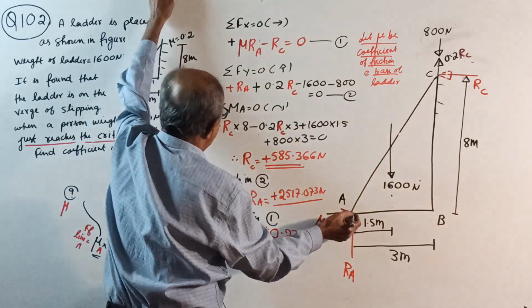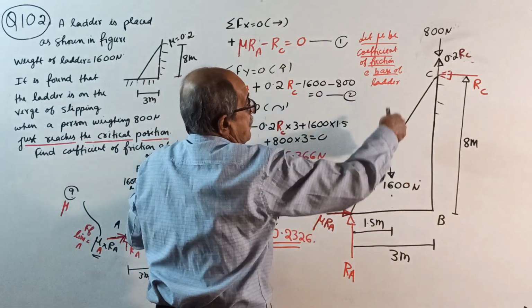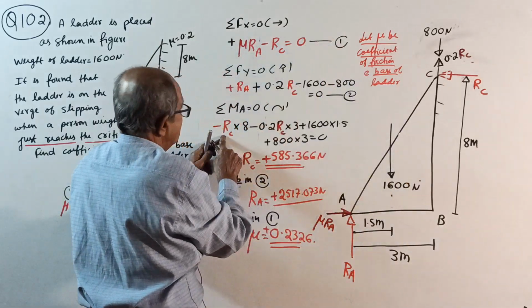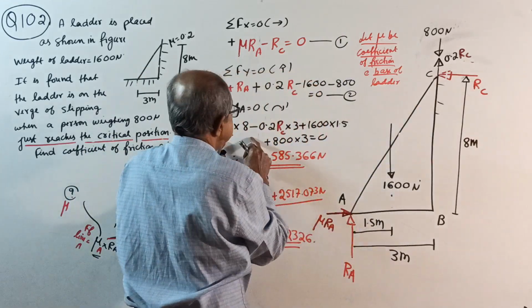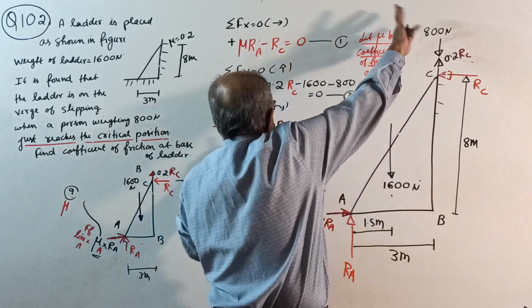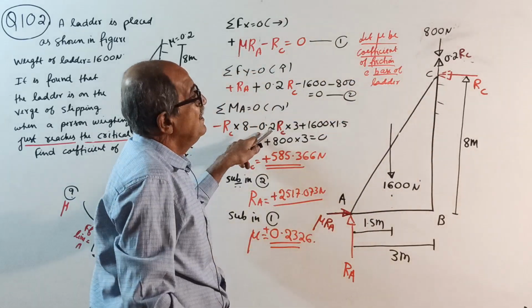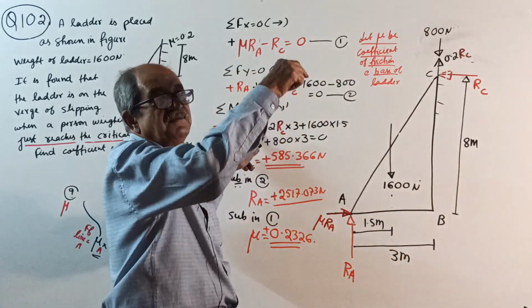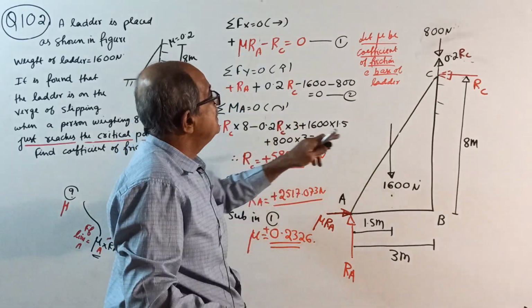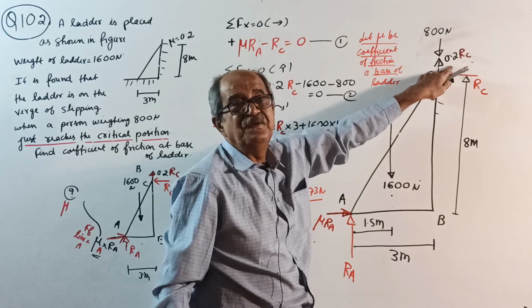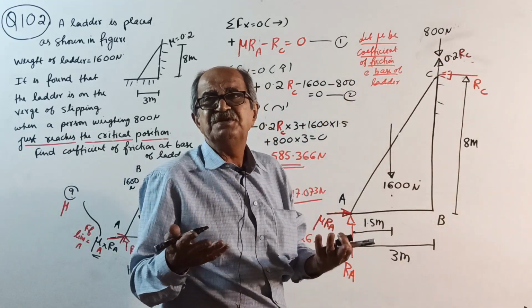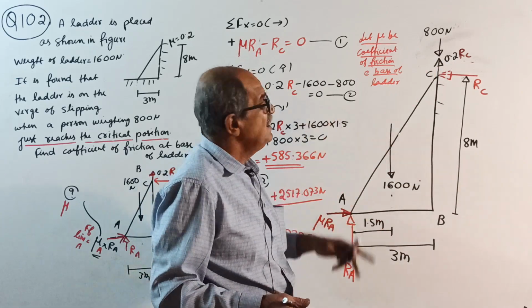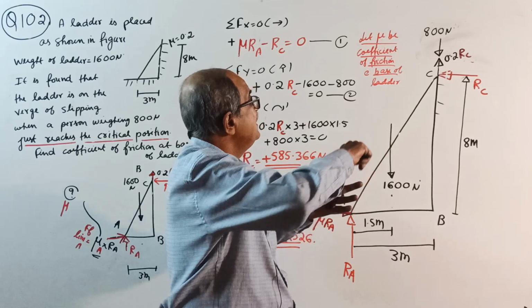Sigma M about A equals 0: minus 0.2 RC, minus RC into 8. I took minus correctly here. If by mistake I put friction down, then with the concept, when I took sigma V, it will come plus actually.